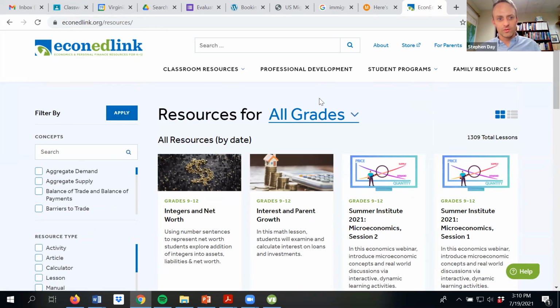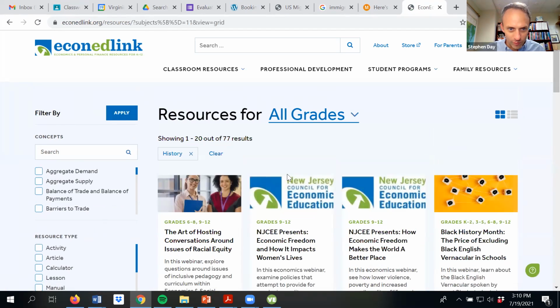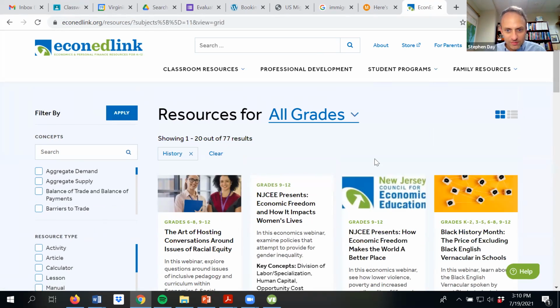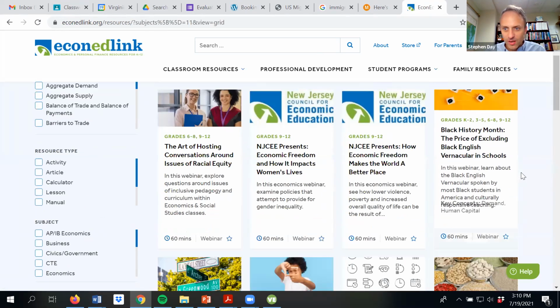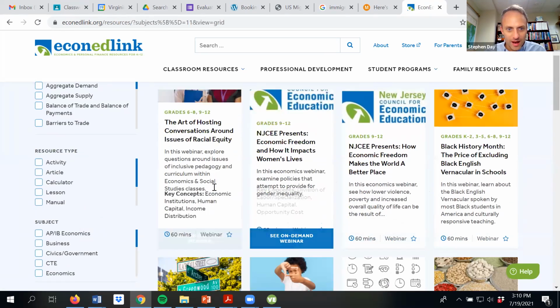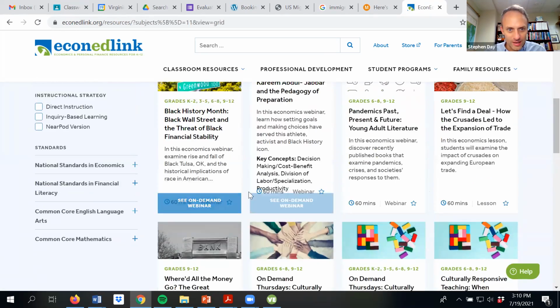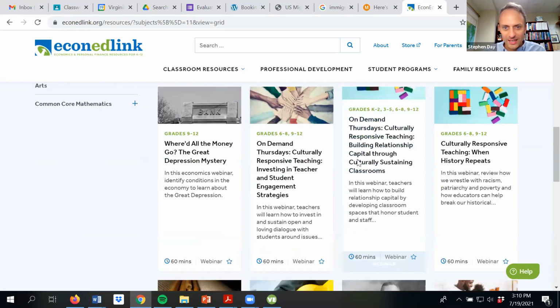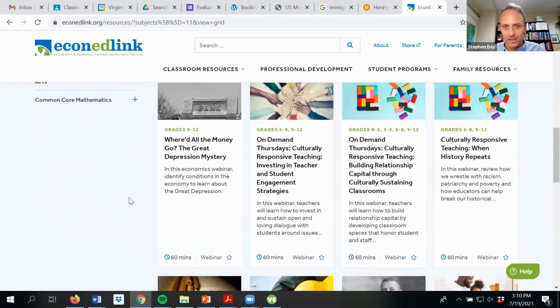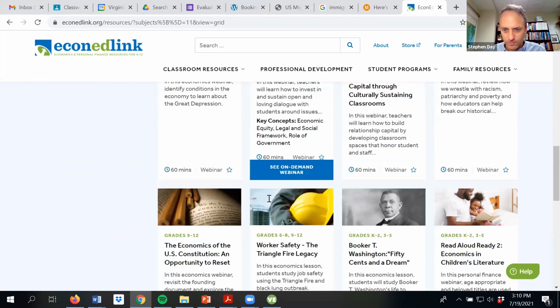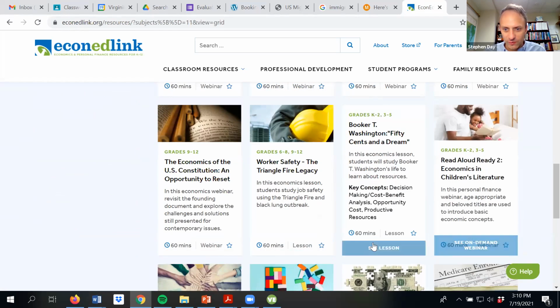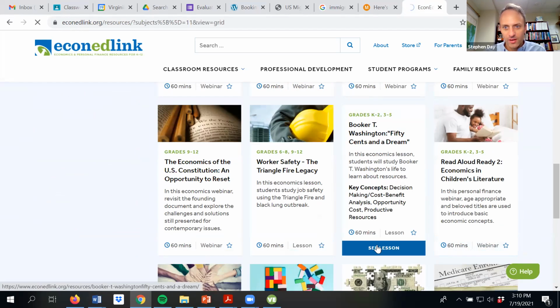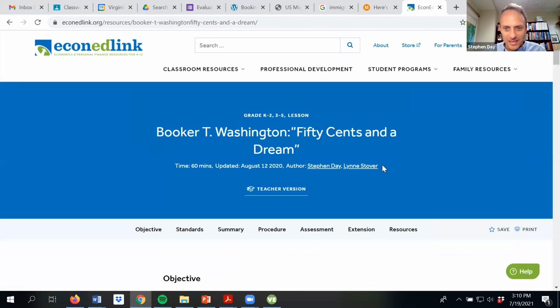So we're going to click on apply to resources for all grades, and it will find 77 history lessons for us. Black History Month, racial equity, Black History Month again, the Crusades and the expansion of trade, the Great Depression mystery, Booker T. Washington, 50 Cents in a Dream, which was written by Stephen Day and Lynn Stover.